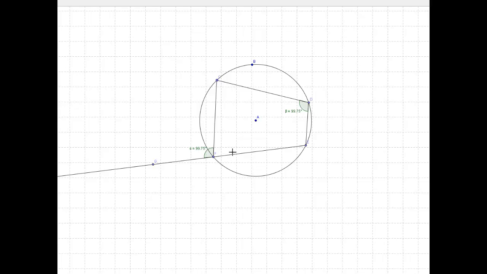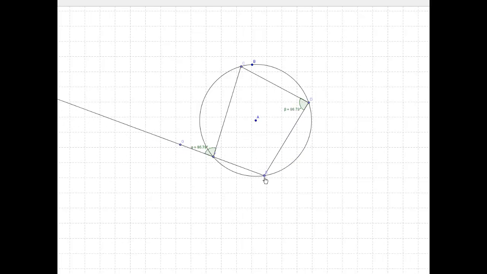But it's just that side being extended. Now, what you notice, the two angles here are giving us the same value. So it doesn't matter where we go with our point and change the angle, we start to get the same values for our exterior angle and the opposite interior angle.